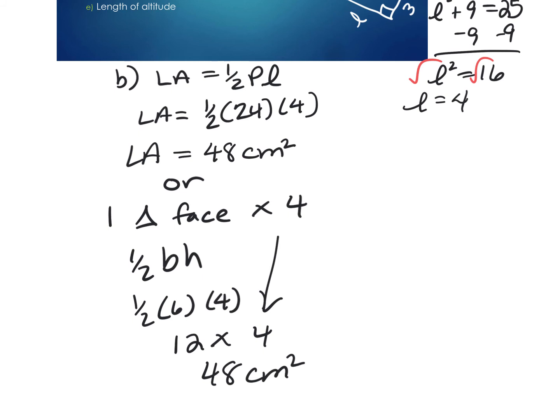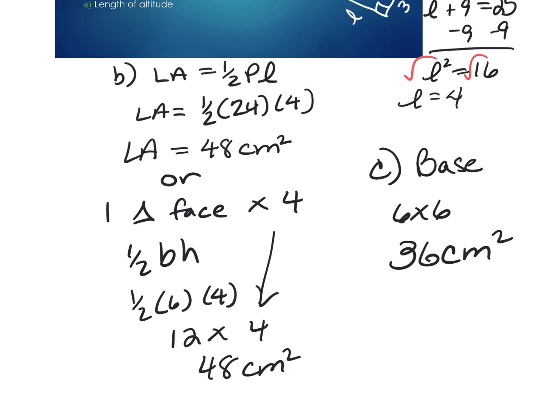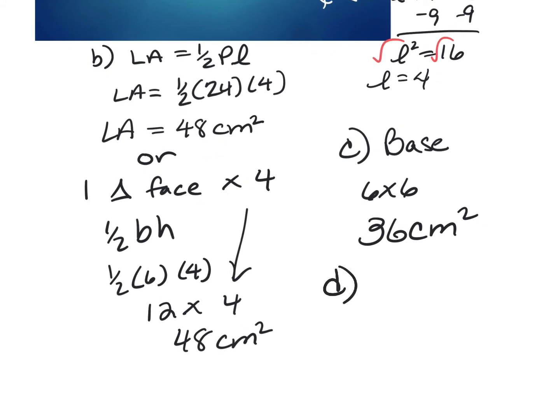Now, for the base shape, so for part C, my base is a square. So it's just going to be 6 times 6, so 36 centimeters squared. For part D, it wants total area, or again, sometimes it's called surface area.